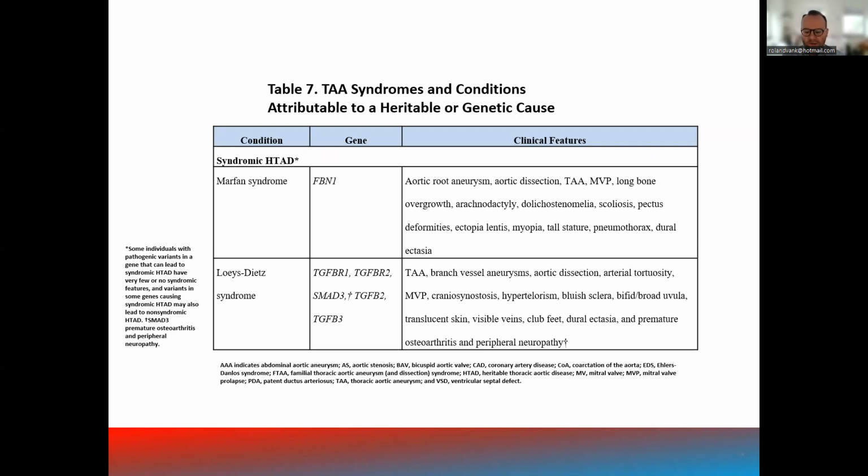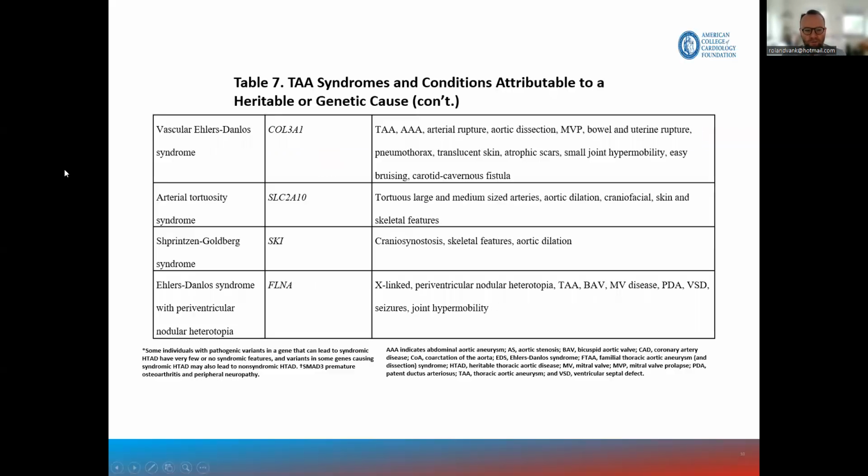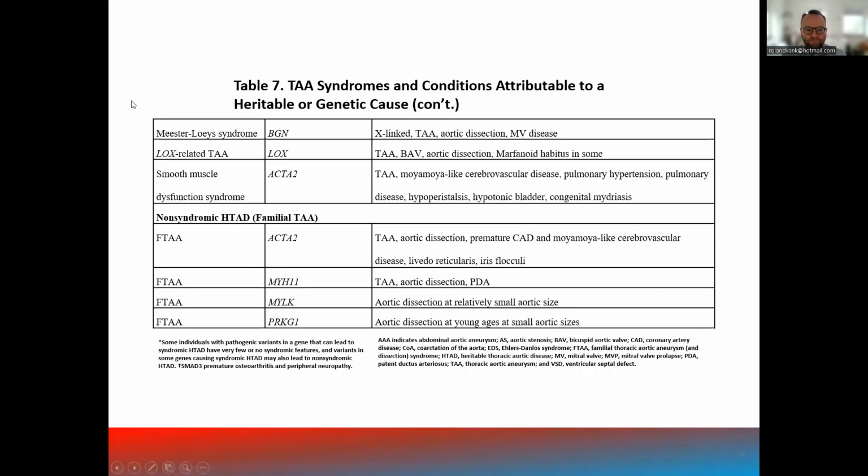In Loeys-Dietz syndrome, which is related to Marfan syndrome, for instance, arterial tortuosity is more prevalent than in Marfan syndrome. Vascular ecchymoses, thin skin with easy bruising may also be associated. There are different other syndromes with different associated organ systems involved.